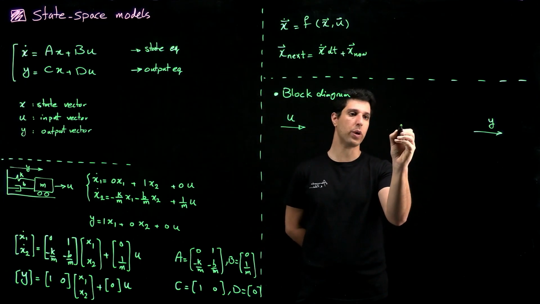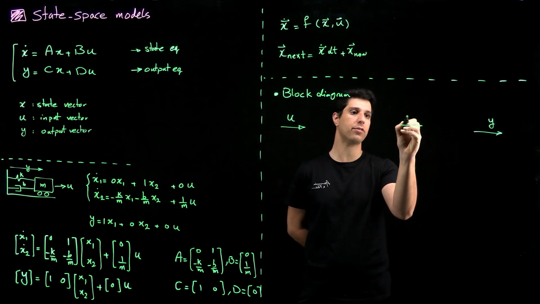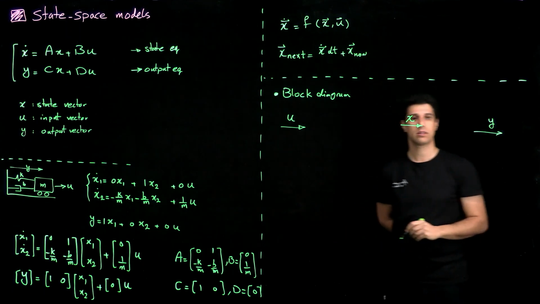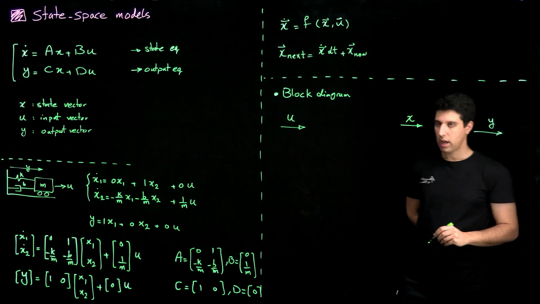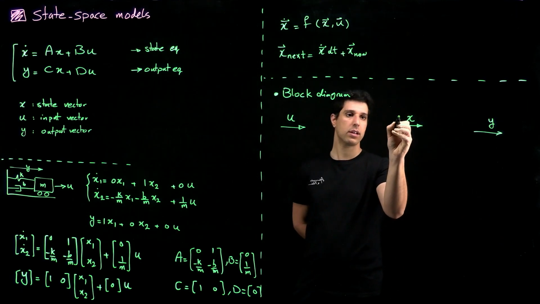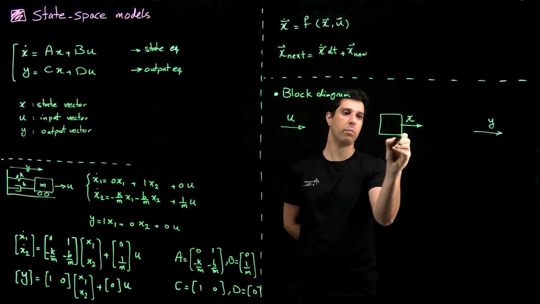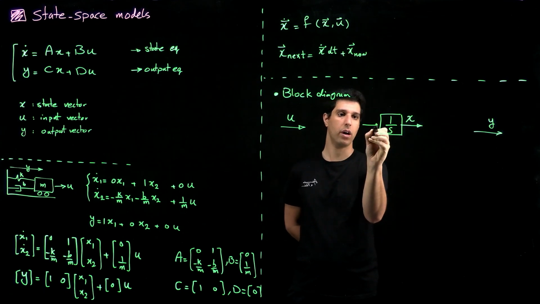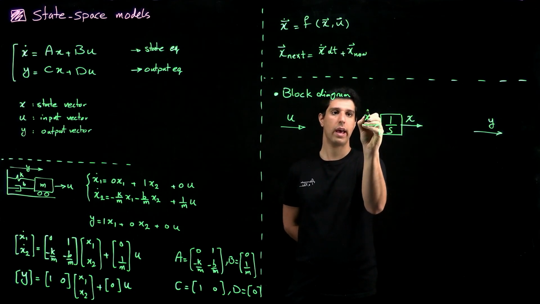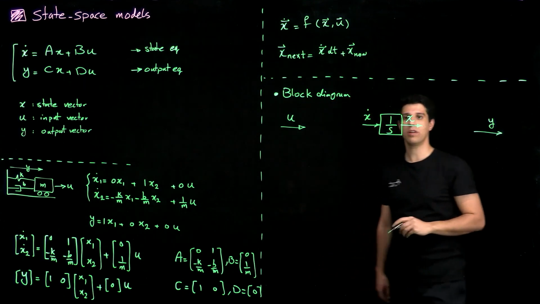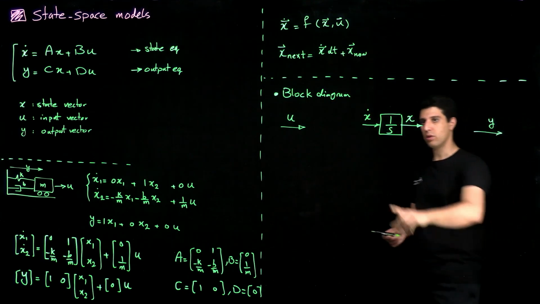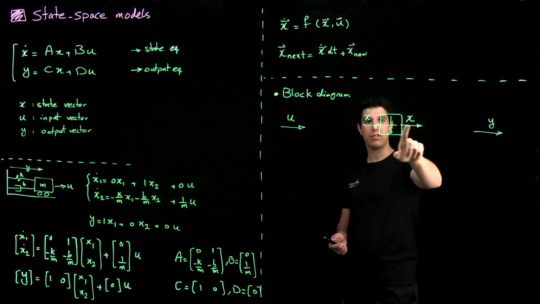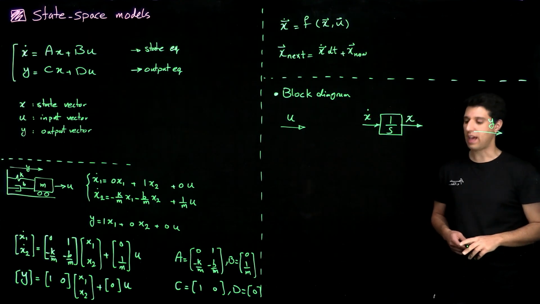So somewhere in between, I have to calculate x, my states. And these states come from the integral of my x dots, the derivatives. So if I have somehow magically calculated my x dot, I can take the integral, get the x out.